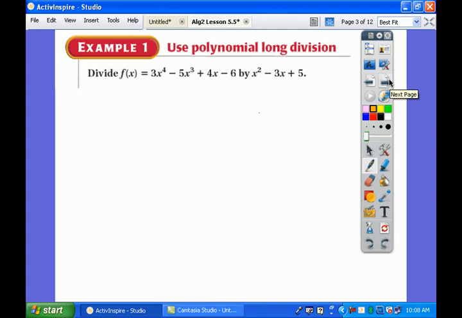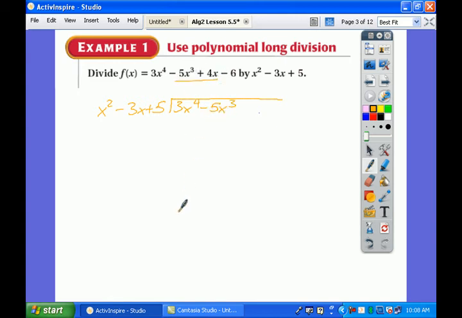So here we go. The first thing we do is we write it out using our long division notation. And as we're doing this, notice how I'm starting with an x to the fourth. It's imperative that we not skip any values from here.